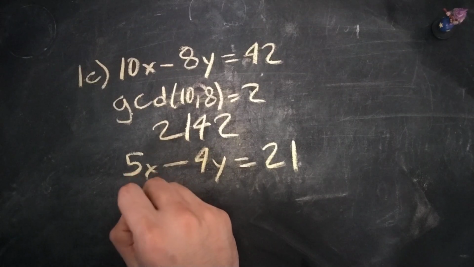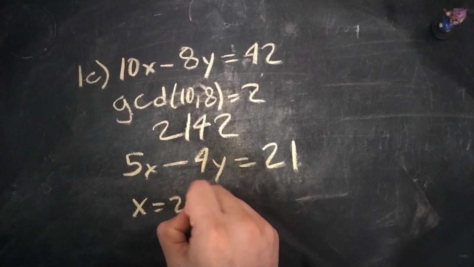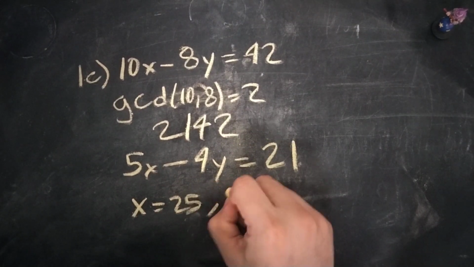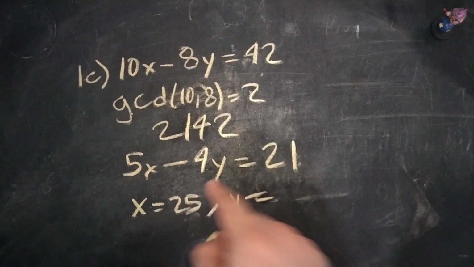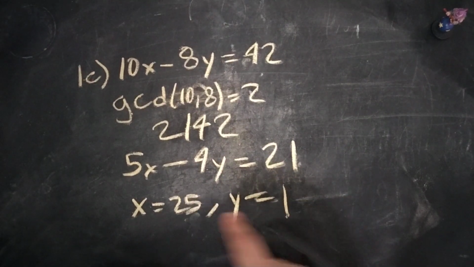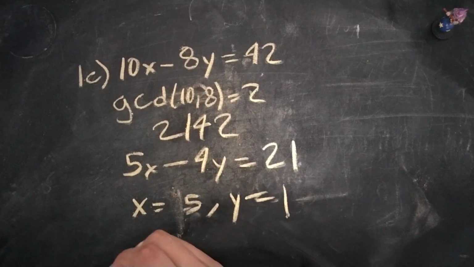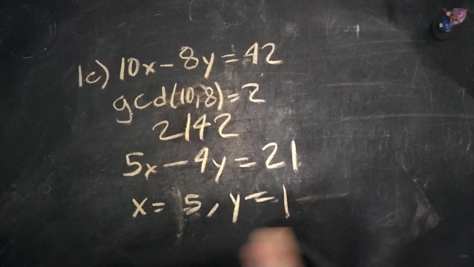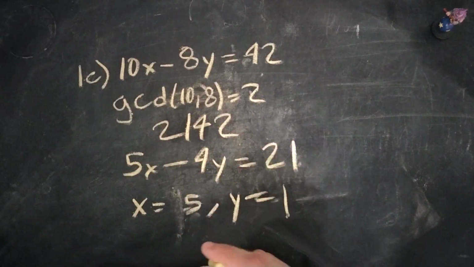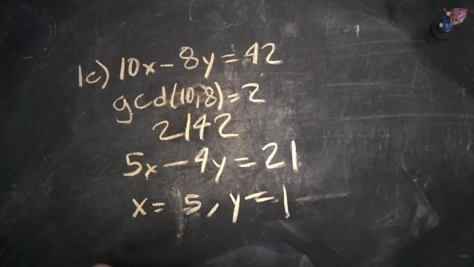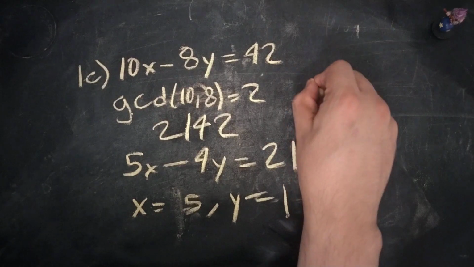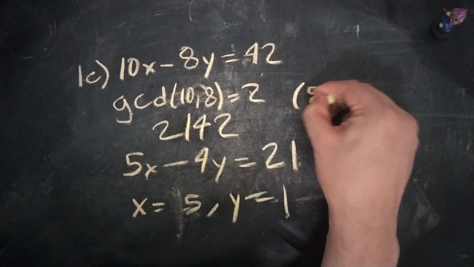We can say x is equal to 5. Y, in this case, is just 1. So 5 times 5 is 25, minus 4 times 1, which is 4, which is 21, which is the value we wanted. And so the ordered pair is 5 and 1.